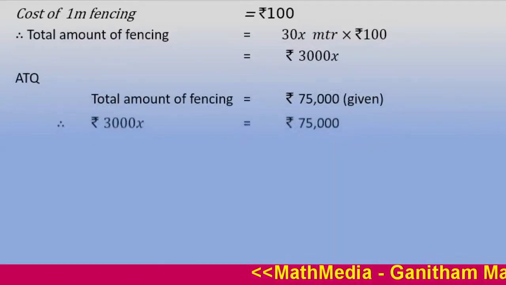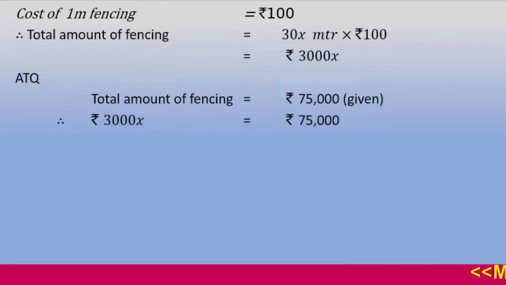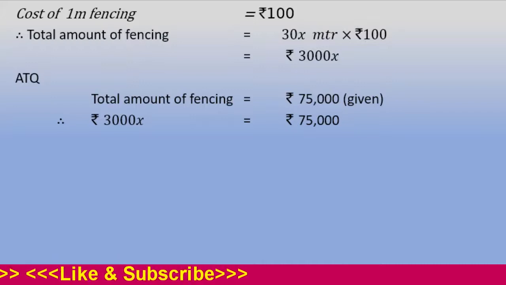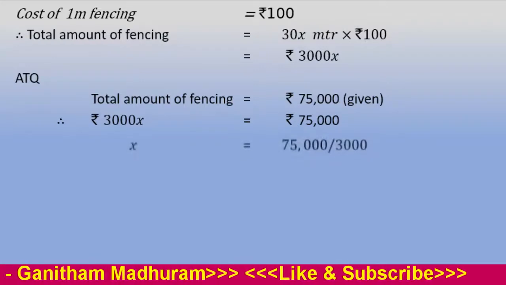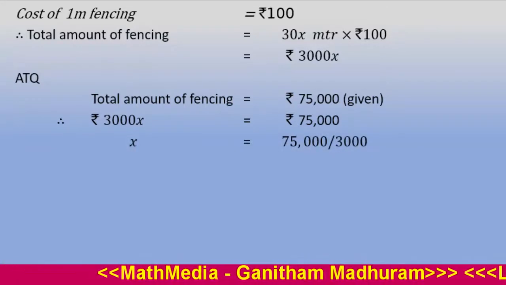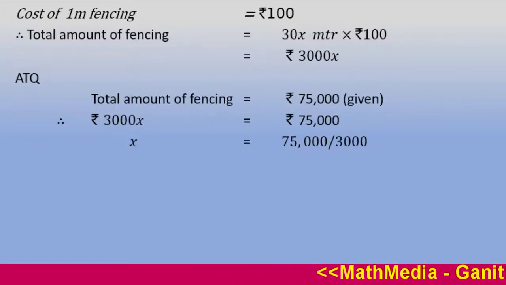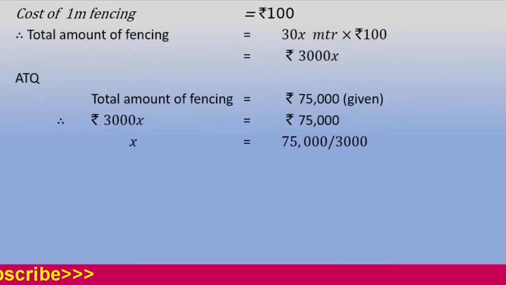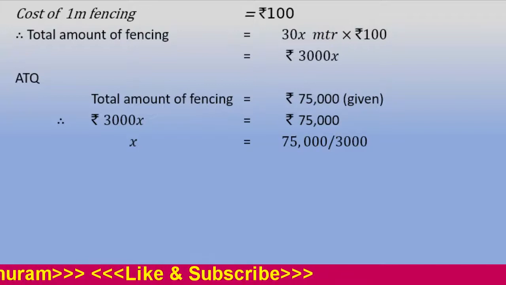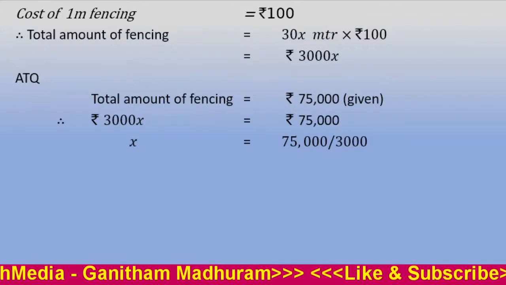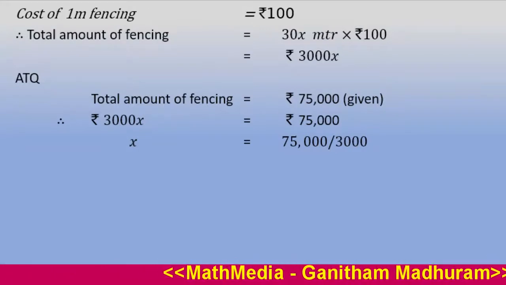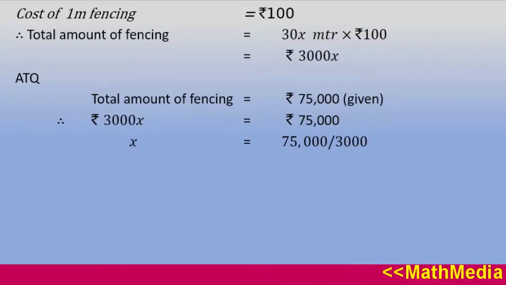According to the question, the total amount of fencing is rupees 75,000. We have already found that the plot has 30x meter length, and the cost of fencing is rupees 100 per meter.